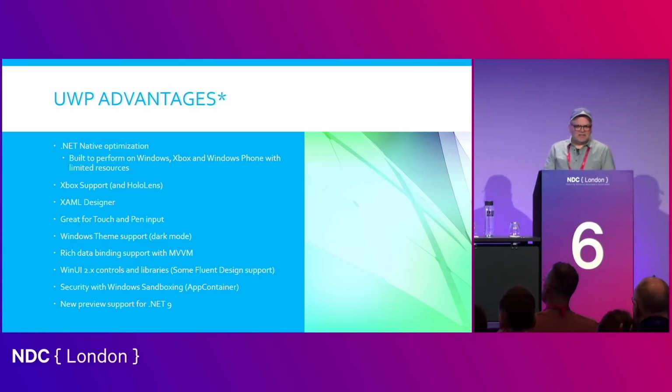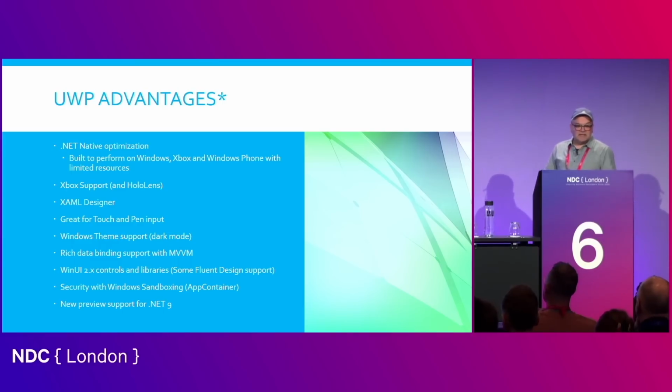And it has security with Windows sandboxing, meaning it can only access certain parts of the file system unless you declare additional capabilities, which can be seen in the Microsoft Store, kind of like in mobile apps where your app has to tell you what it does. Does it access your location? Does it have more access to the file system? All of that has to be declared with UWP apps as well.